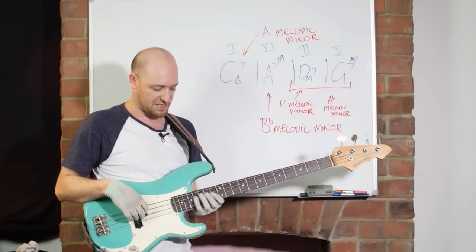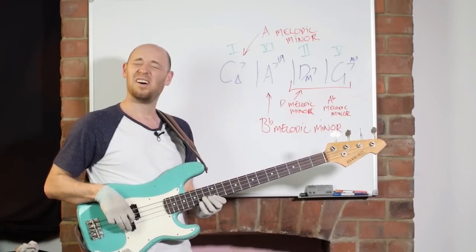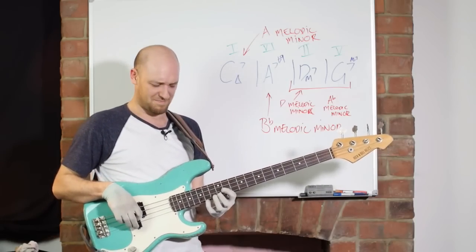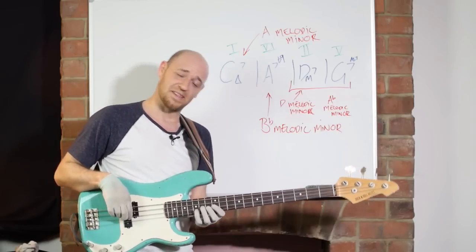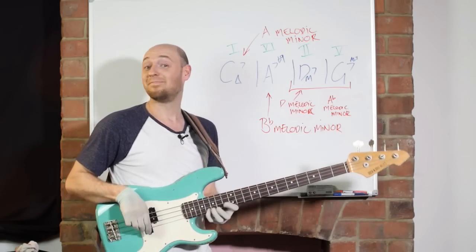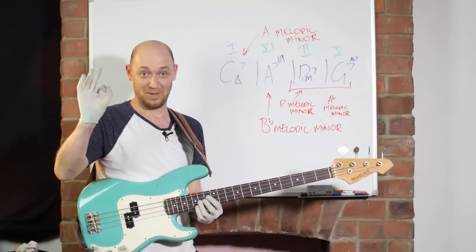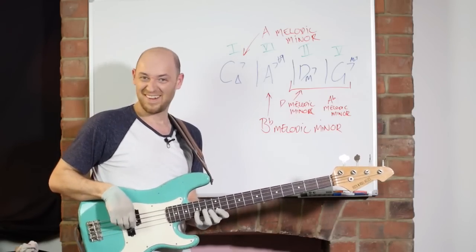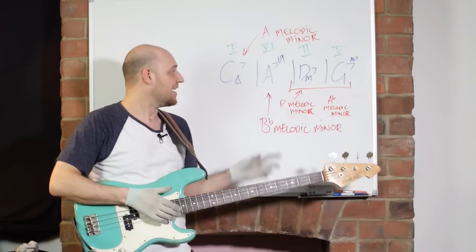So C major to the A7. That's the D minor. Piece of cake, right? Just running up and down the scale, and it sounds killer.